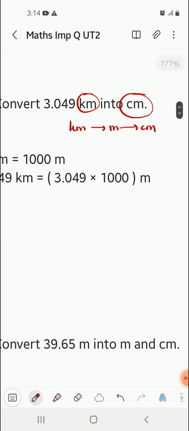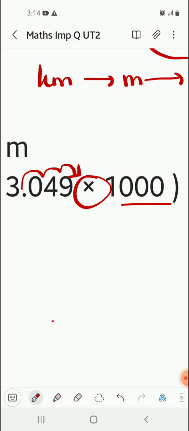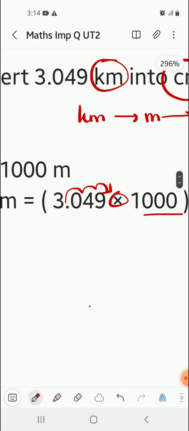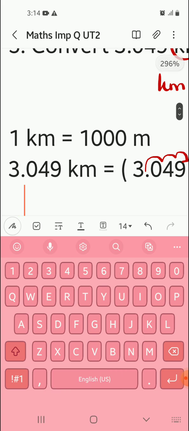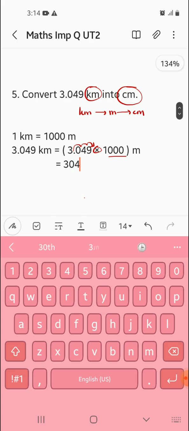Now you can see the decimal point will shift because it is simple multiplication, 3 zeros. So the decimal point shifts once, twice and thrice to the right because you have to multiply. So therefore my answer would become 3049 meters. Now we have converted kilometer to meter.